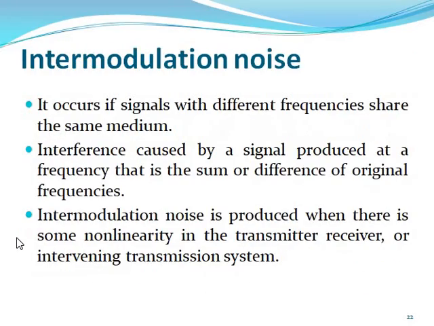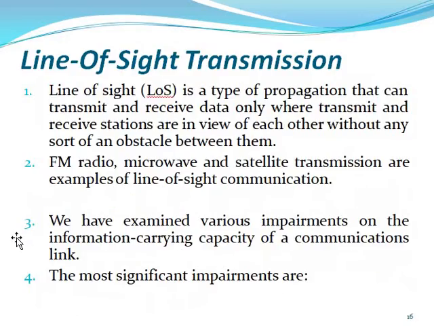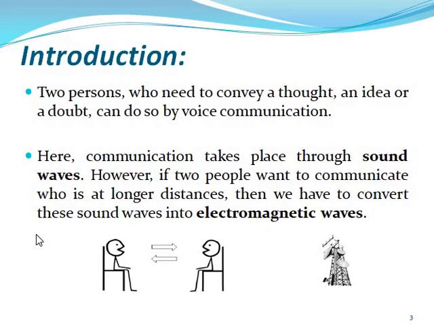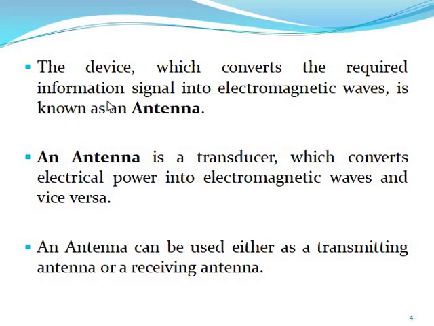So we can show what is the antenna. The signal carries information from one to another, but the transmitter and receiver also use an antenna. So what is the antenna? It converts the information signal into an electromagnetic wave.